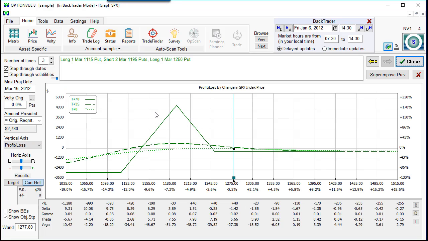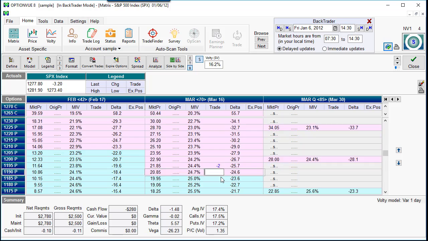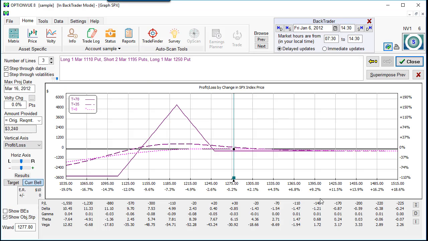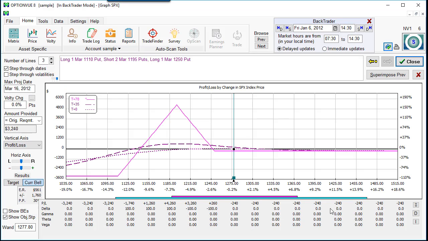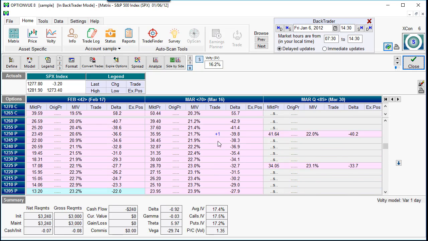All right, so now instead of 280, that might be a little bit too much, so what would we do? Well, we could do something like this, and then that moves us to 240.